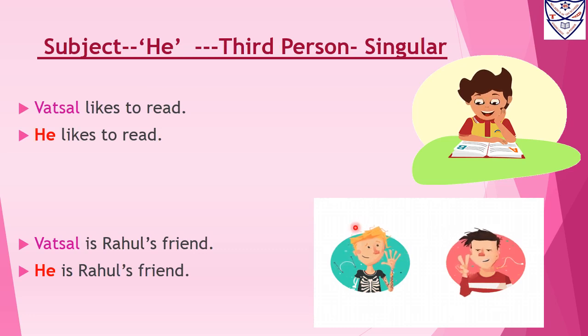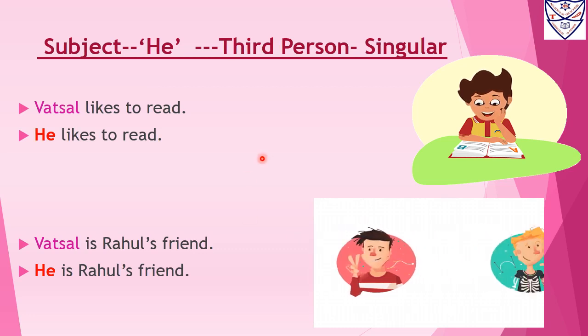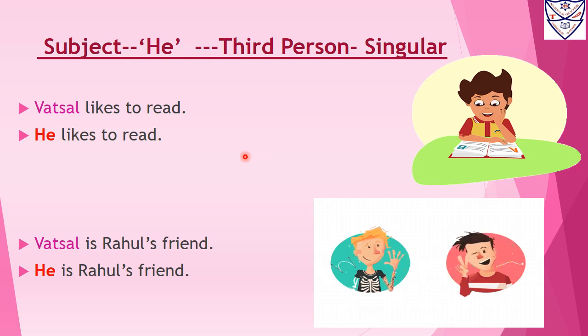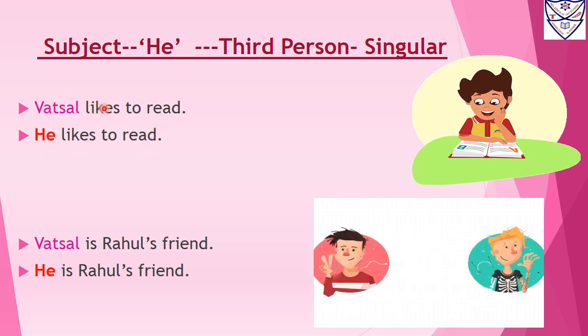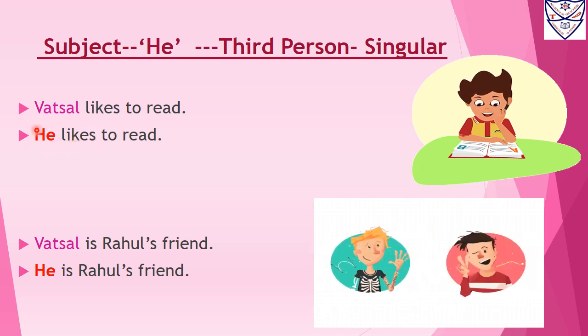Now here we come to the third person, meaning the one about whom we are talking. If we are having a boy in our class whose name is Vatsal and we are talking about Vatsal, how will we say? Vatsal likes to read. Now instead of Vatsal, I will say, he likes to read. Why? Because Vatsal is a boy, so I will use the word he.